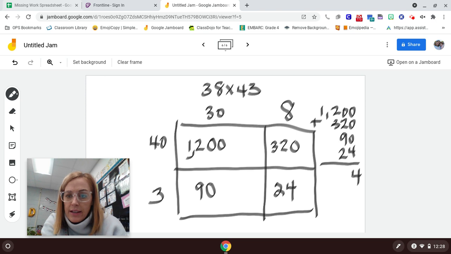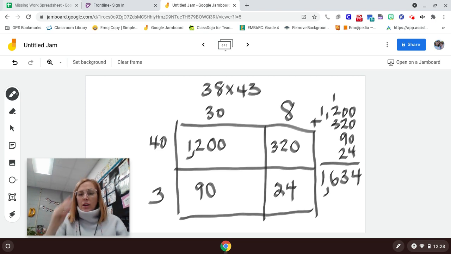Then I have 9, 10, 11, 12, 13, carry my 1. 3 plus 2 is 5, plus 1 is 6. Then 1 plus 0 is 1. I count back 3. So I know that 38 times 43 is 1,634.